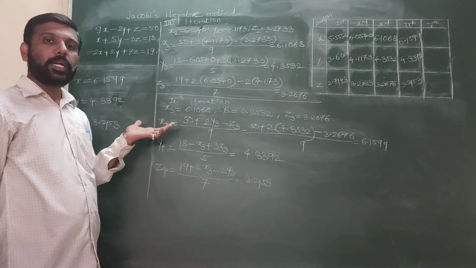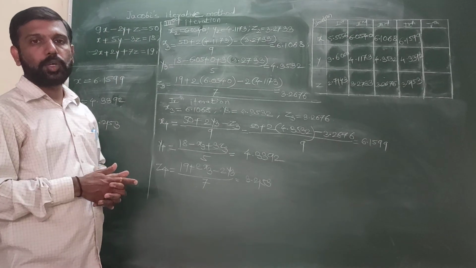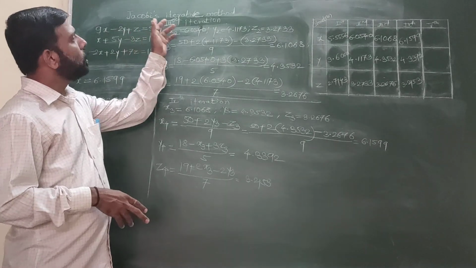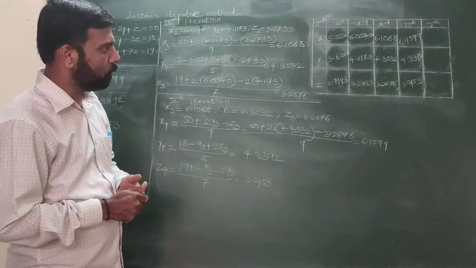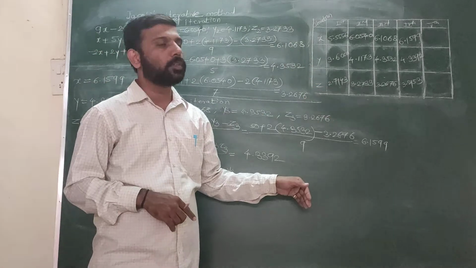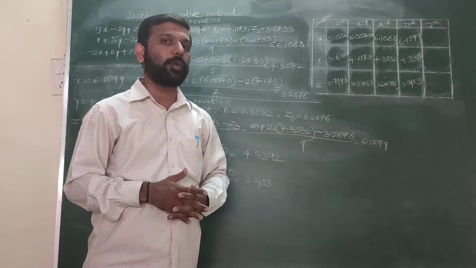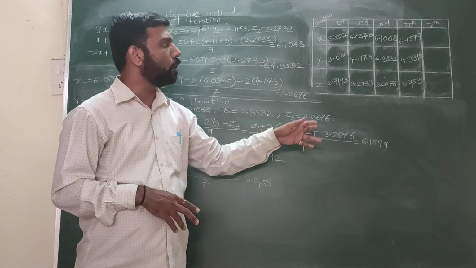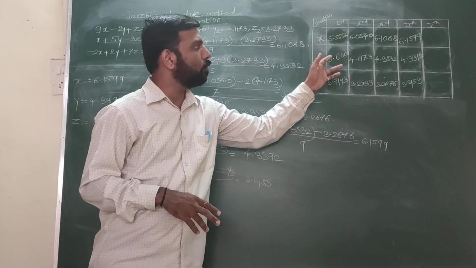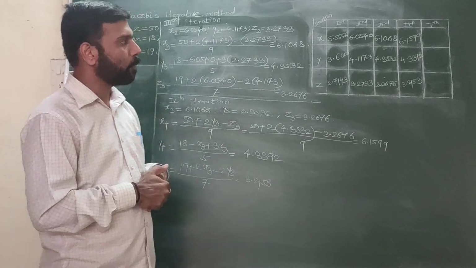So these become the unknown values x, y, z for this system of equations by using the Jacobi iterative method. We discussed 4 iterations, and the values we calculated we put in the table format. So in the table we can easily understand how the values of x, y, z go on in each iteration. Thank you.